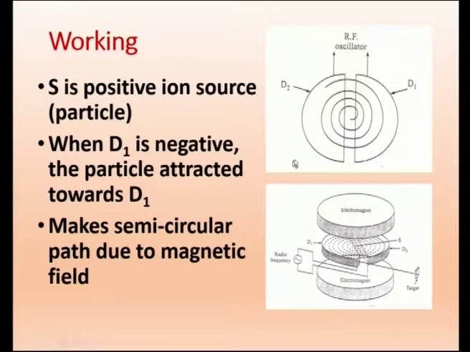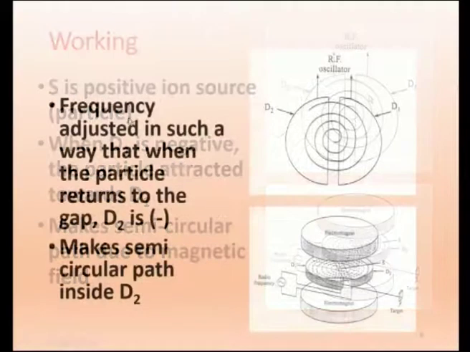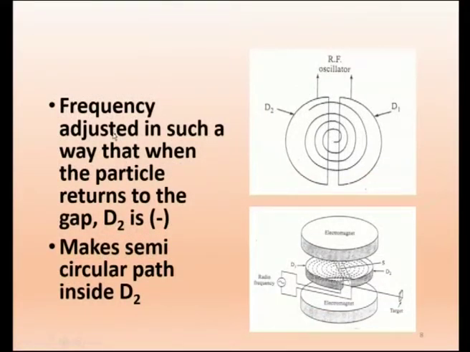The magnetic field will bend, steer it, and therefore you get the circular motion inside D. Why do we say semicircular? Because this D is only semicircular. The two Ds together make a full circle. So this D makes a semicircle. What you have to do is adjust the frequency in such a way that when the particle returns to the gap, D2 is negative.